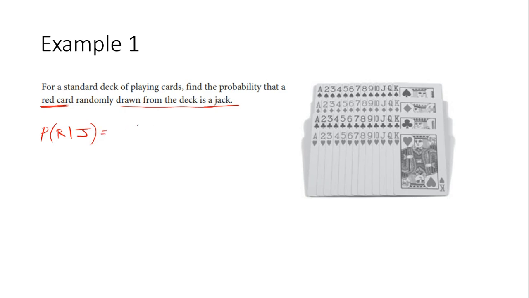Now, again, the probability of having a jack intersecting with a red is really this. Well, how many jacks are there that are red? There are only two red jacks, the jack of hearts and the jack of diamonds. So there are only two possible cards out of those 52.